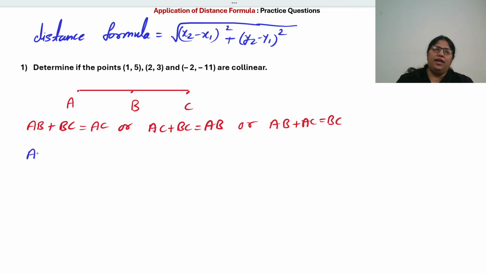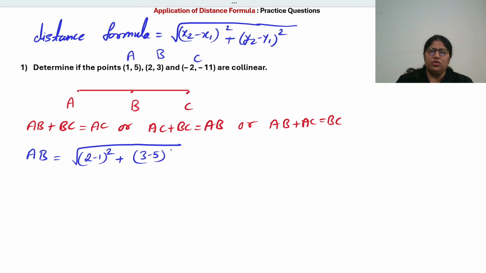So let us first find the distance between these 2 points. First let us take AB, with this point as A, this point as B and this point as C. Substituting values: (2 minus 1) whole square plus (3 minus 5) whole square, because I am using the coordinates of A and B. I have just used the distance formula.